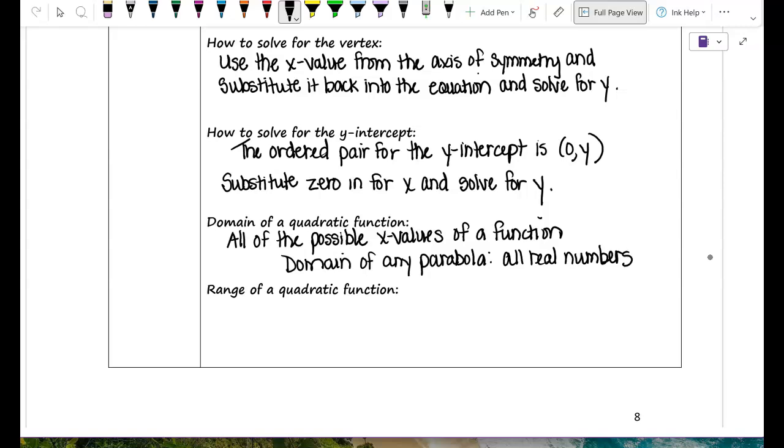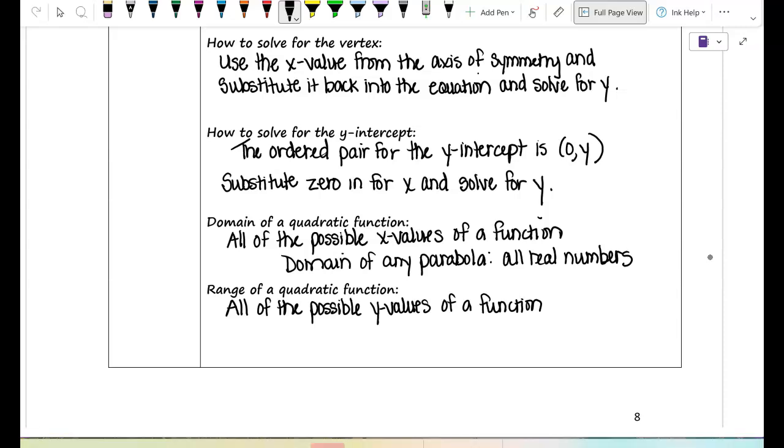Now, range is all the possible y values of a function. The range depends on the y value of the vertex.